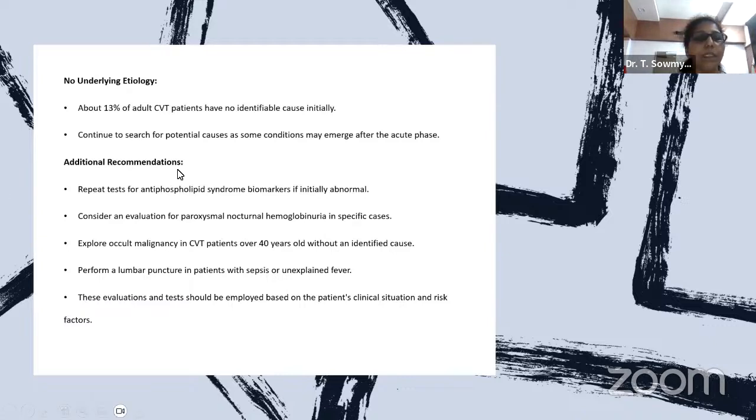And the additional recommendations regarding the testing are repeat testing of APLA biomarkers if initially abnormal, and consider evaluation of paroxysmal nocturnal hemoglobinuria in specific cases where they can have a hemolytic picture. And we need to look for occult malignancy in CVT patients over 40 years of age, and perform lumbar puncture if there is unexplained fever and sepsis is suspected.